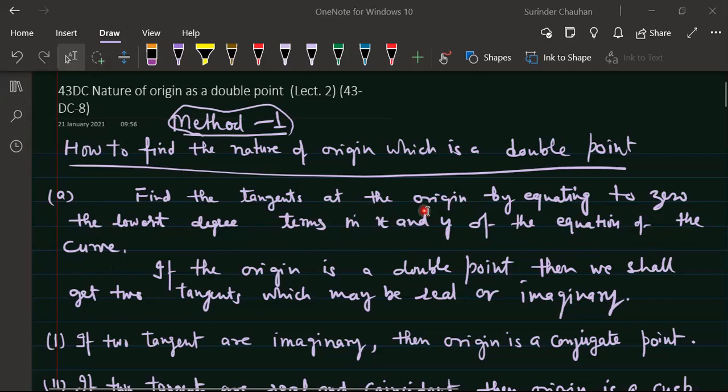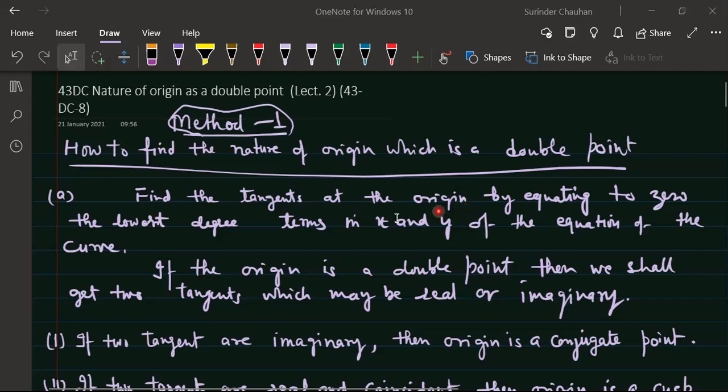To find the equation of tangents at the origin, put the lowest degree terms in x and y equal to 0, and if that gives us two equations, then we can discuss the double point for cusp, node or conjugate point.